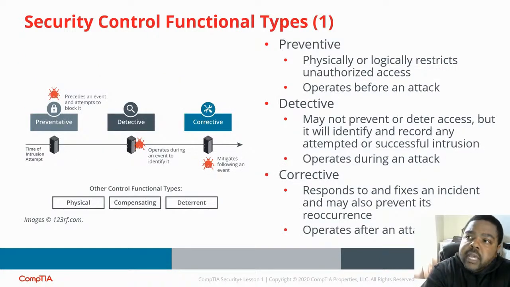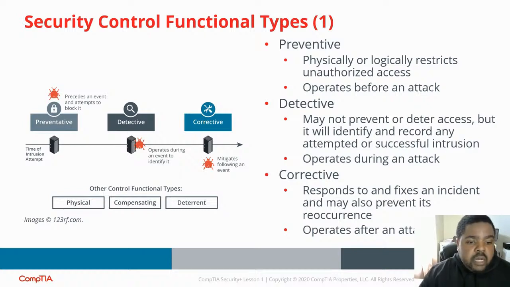Now, when it comes to the actual operations of being attacked or putting things in place for an attack, we have function types. Here, explained here, we can see that we can either prevent, we can detect, or we can correct. Preventing means you're putting things in place to stop an attack, to mitigate an attack, or to eliminate it all at once.